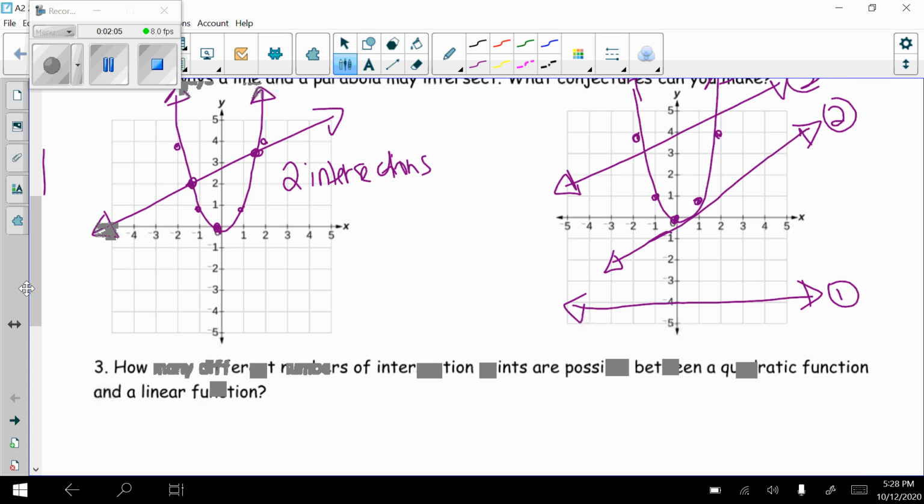So if I look at line number 1 that I drew, I can see that this line down here is never going to intersect that parabola. So I can have where they never intersect. This would be 0 intersection points.